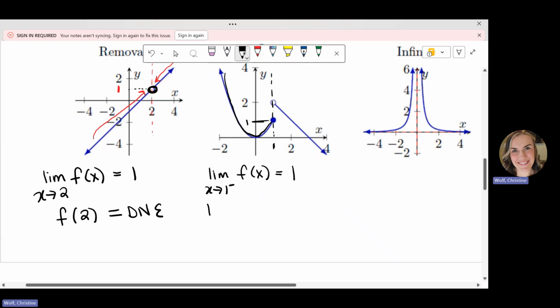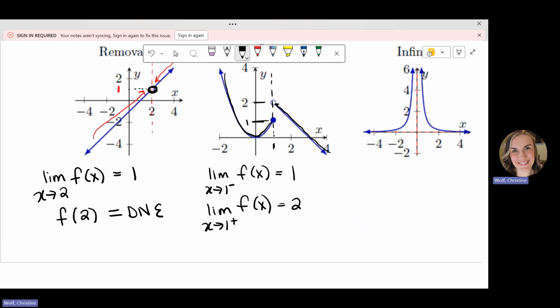And then the limit as x approaches 1 from the right of my random function, when I come from the right, I can see that I'm approaching 2. So here the limit does not exist because 1 and 2 are not equal to each other.